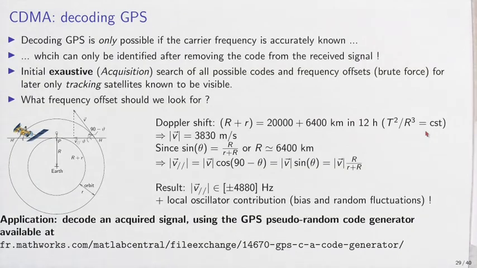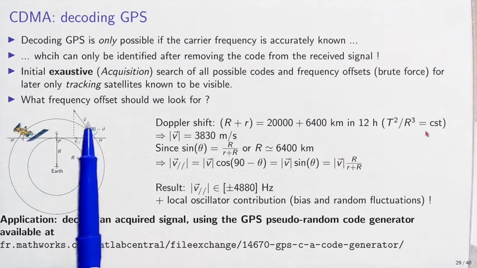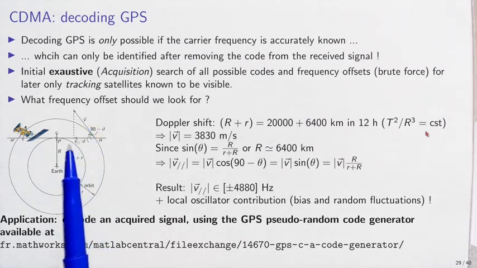Now the Doppler shift will be found as a solution of the orbital parameters of the GPS satellite. First of all, we need to know the linear speed at which the satellite is flying, since the linear speed, this vector v here, will determine the projection to the users.